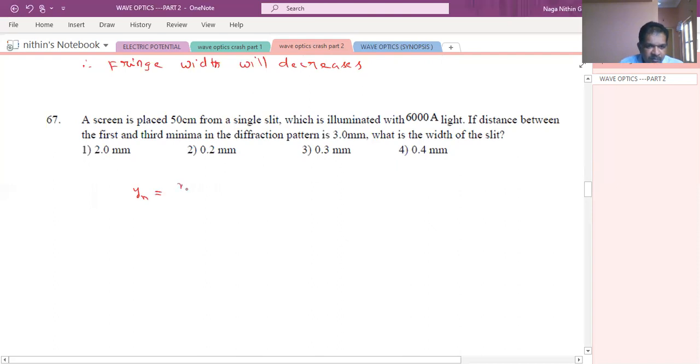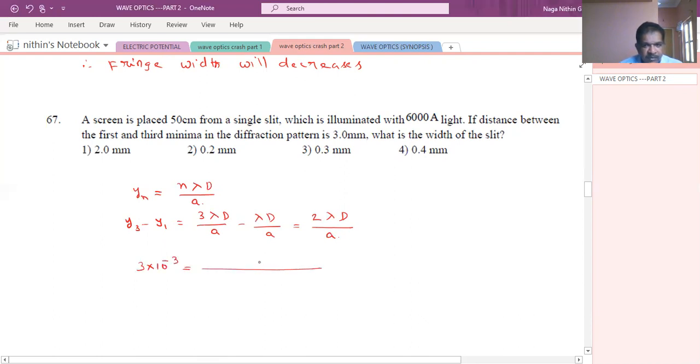Ym is equal to n lambda D by A. According to this, the third minimum, so y3 minus y1, is 3 lambda D by A minus lambda D by A. This is 2 lambda D by A. This distance they gave as 3 mm, 3 into 10 power minus 3. 2 into lambda value 6 into 10 power minus 7.